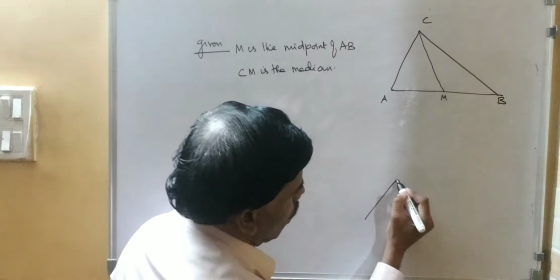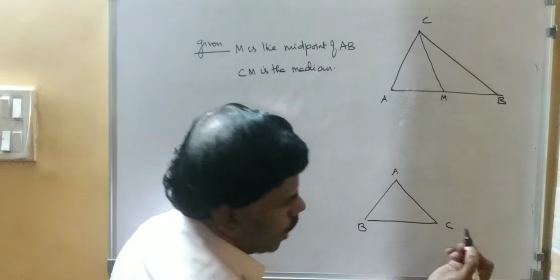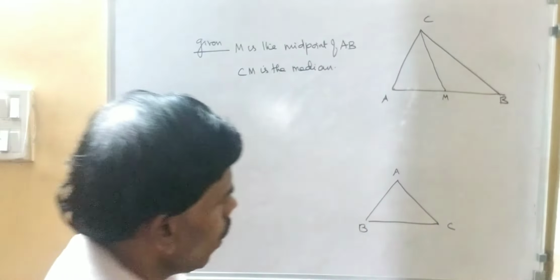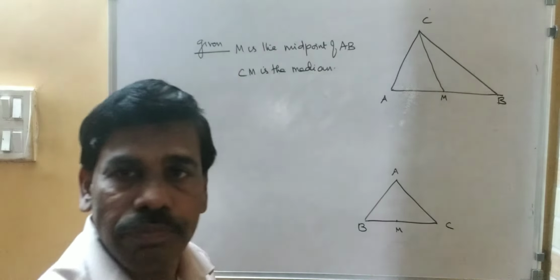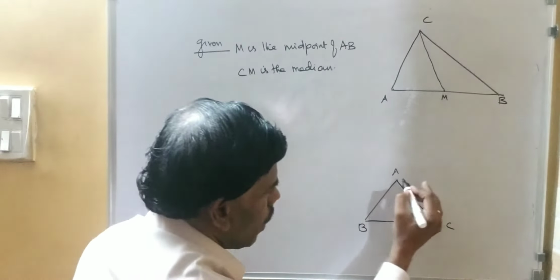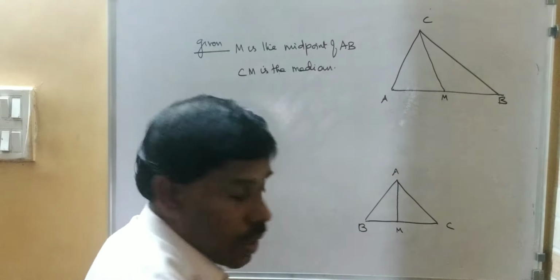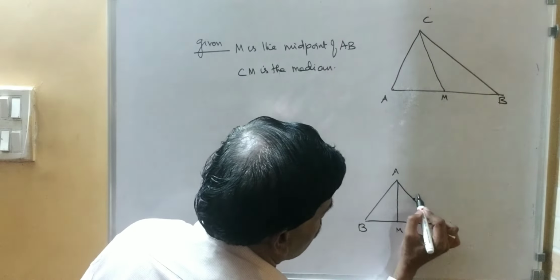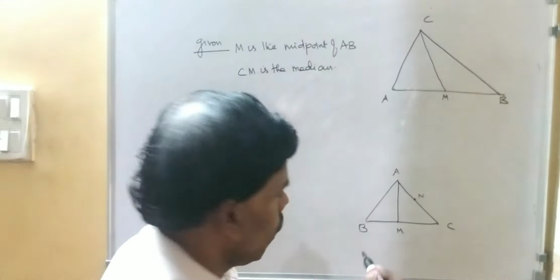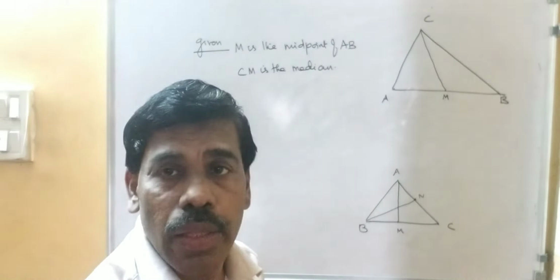See, for any triangle, you take for example A, B, C. Now you take for this side a midpoint, say M, and then from this opposite vertex you join these two. Now similarly you take the midpoint of AC, say N. You draw a line. This is another median.